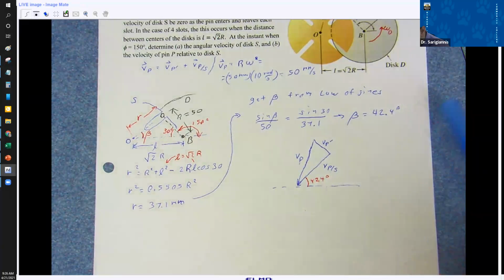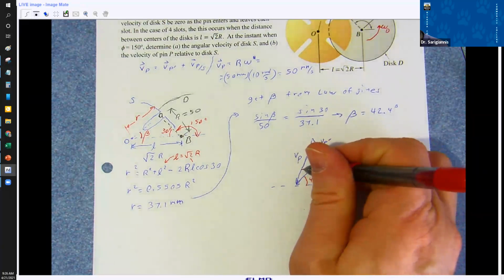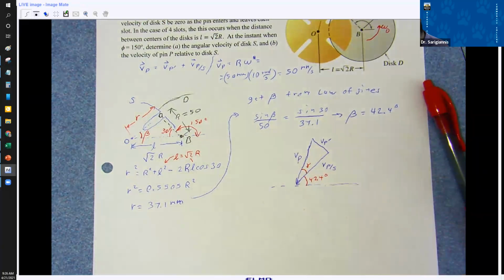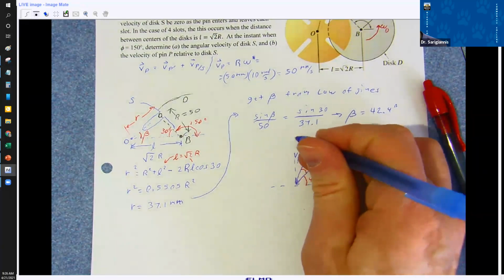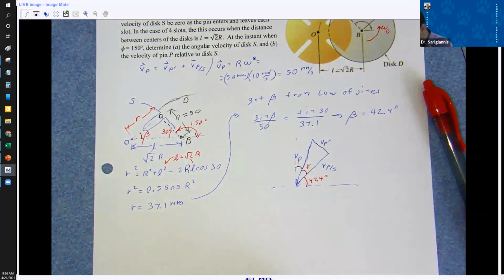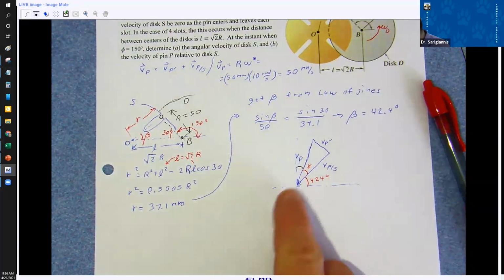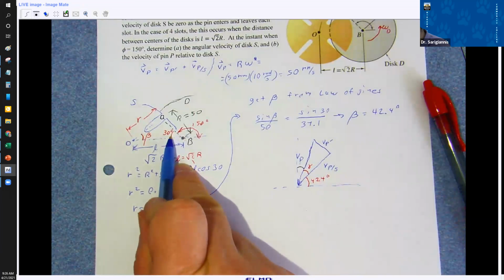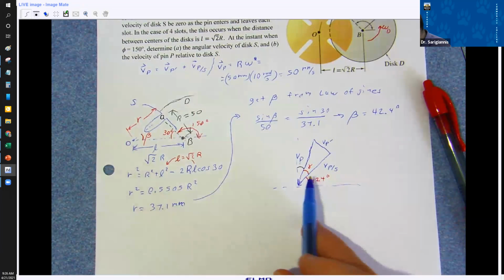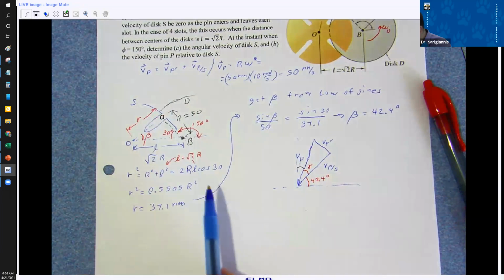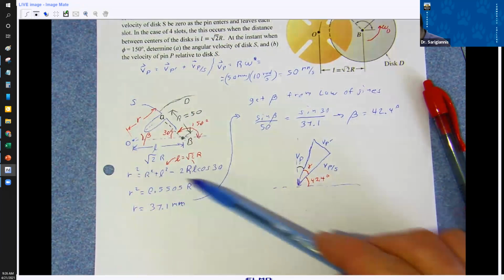Let me label a few angles in here, and leave room for my axis here. This 30 degrees gives us this 30 degrees here with respect to the vertical, just because of the velocity that it's moving.